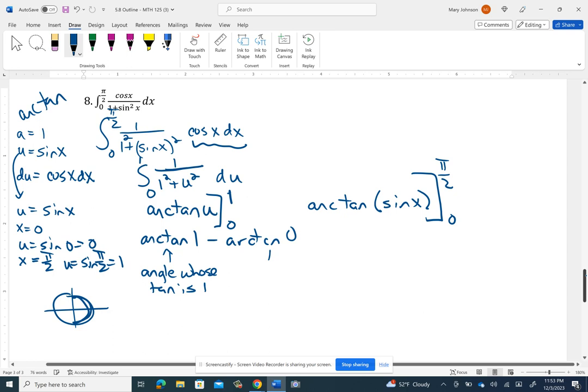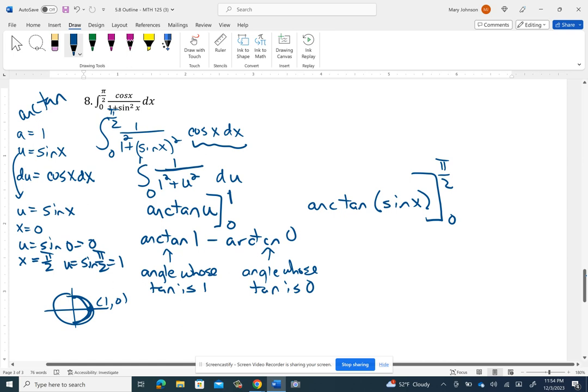And here I need the angle whose tan is 0 there. So remember that when you're at 0 degrees, sine is 0 and cosine is 1. That's where you would be to get an angle whose tangent is 0.